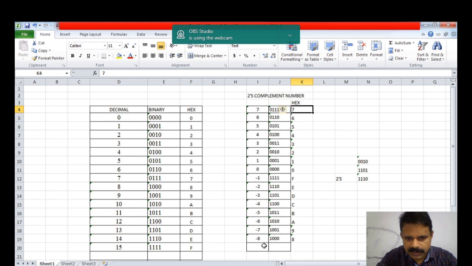That is, the pattern for minus 6 in hexadecimal, you read the pattern, it is A.